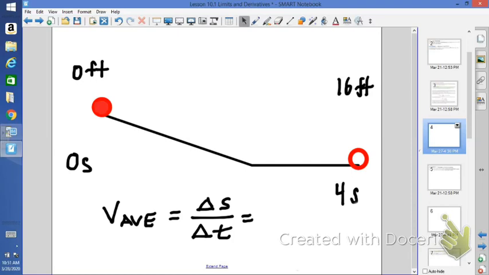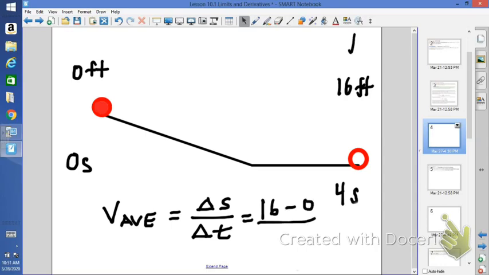Now imagine the ball is let go. It runs down the incline, and where you see the open red circle, that's the position of the ball 4 seconds after it has been let go, and it's traveled 16 feet. So we're going to find the average velocity here. So our change in s, or our change in position, how would we find that? Well, it's going to be 16 minus 0.